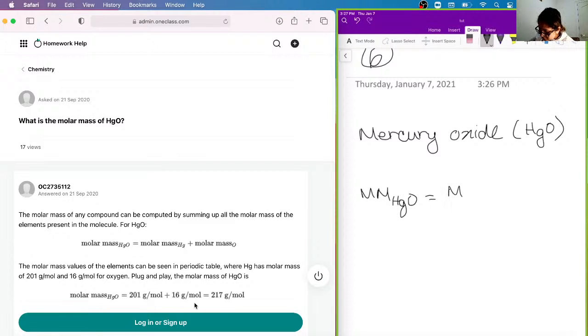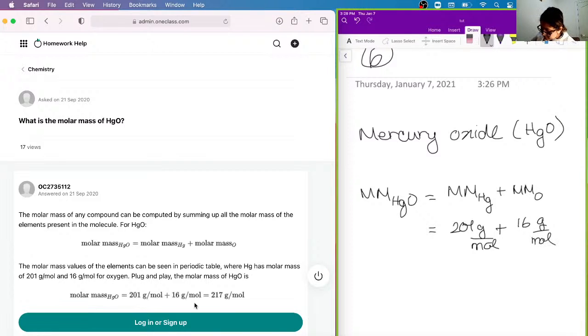We will first find the molar mass of mercury and then the molar mass of oxygen, and you would add that up. The molar mass of mercury is given in the periodic table and has a molar mass of 201 grams per mole. And the molar mass of oxygen is 16.